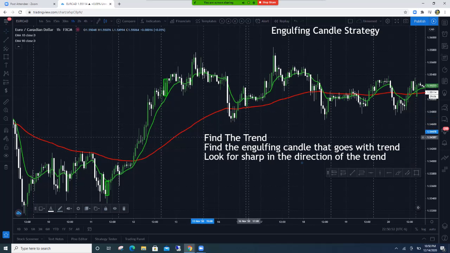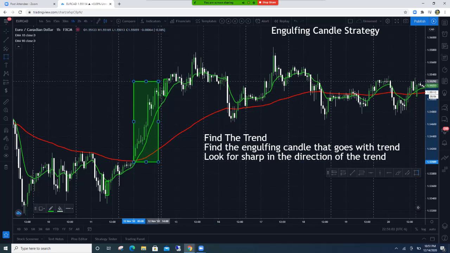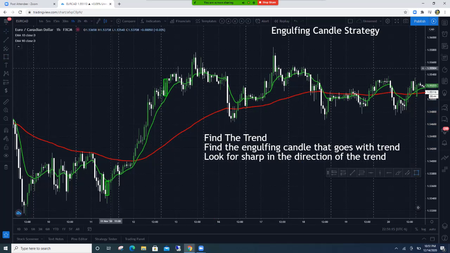So you got your engulfing candle. Now you're looking for sharp movement in the direction of the trend. So basically, sharp movement is something like this. It doesn't have to be this long of movement, but where price moves and goes in a direction pretty quickly. So you see here that after this uptrend, after this engulfing candle, price had moved, it moved all right.